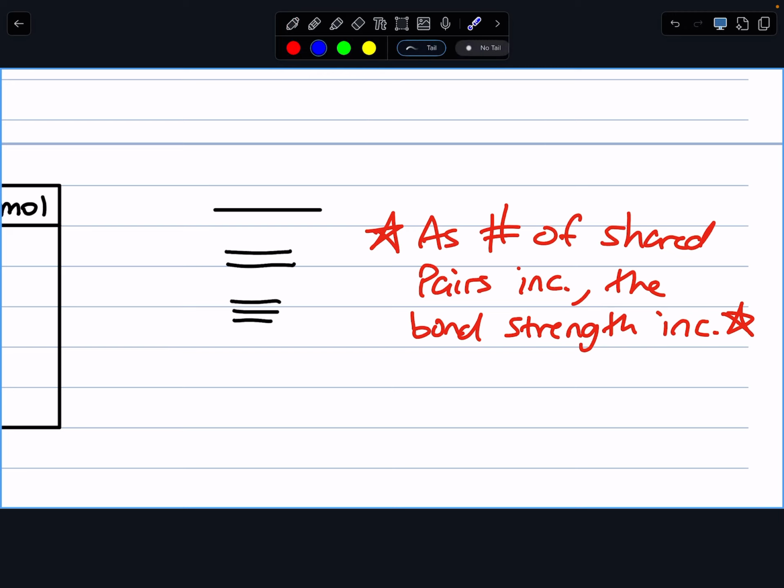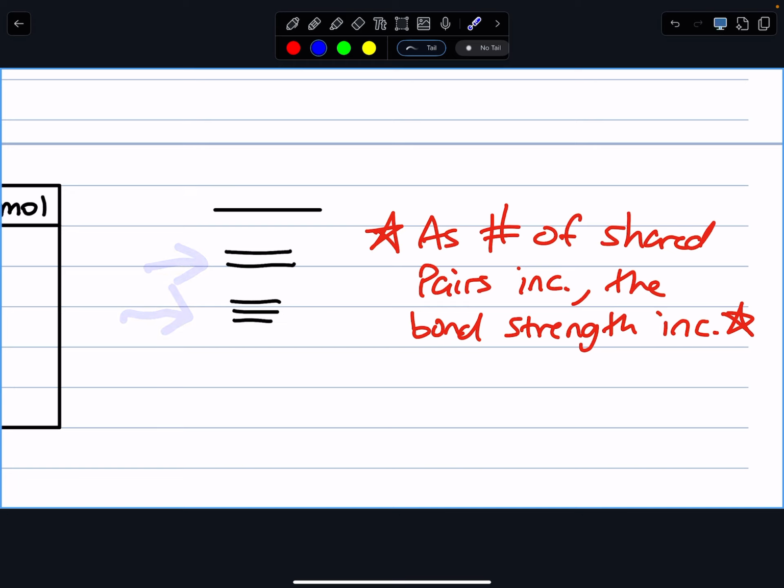Look at this. What do I mean by that? In a single bond, how many pairs are being shared? One. A pair is how many electrons? 2. How many pairs are being shared in a double bond? 2, which is 4 electrons. And here, how many pairs are being shared? 3.